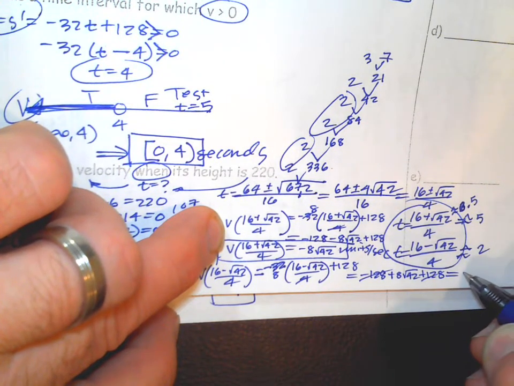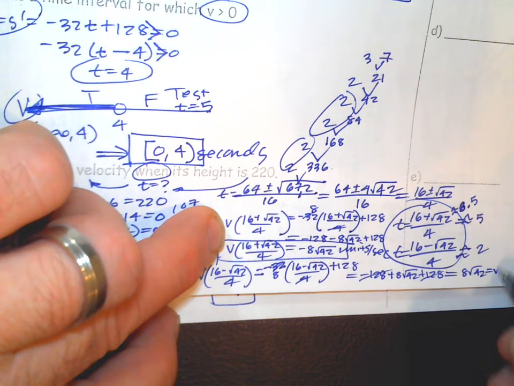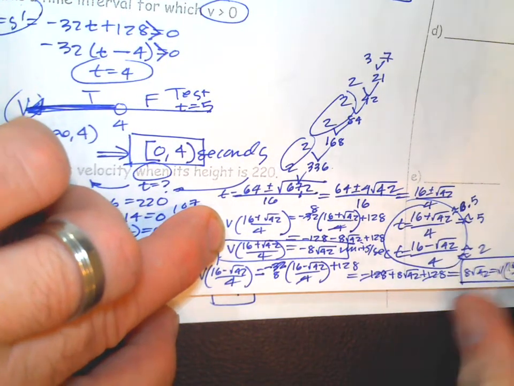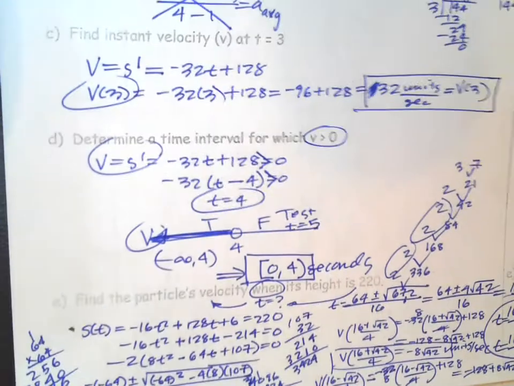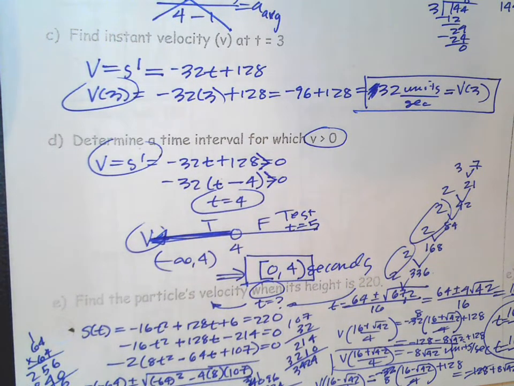So we get 8 square root of 42 equals the velocity at 16 minus square root of 42 over 4. All right. It got a little messy.